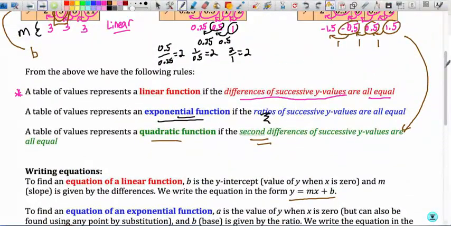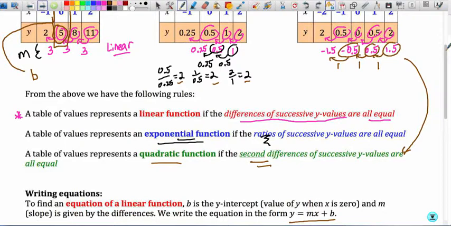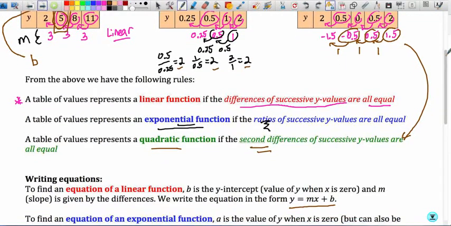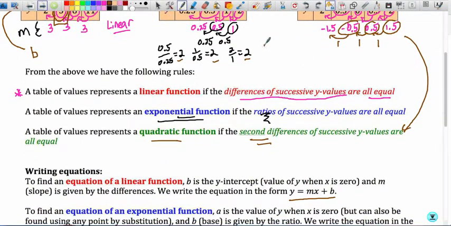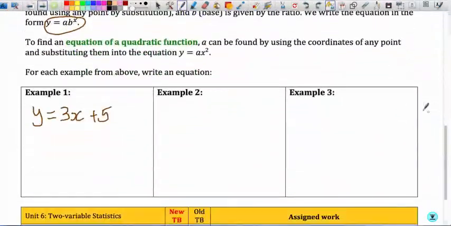And so what you should hopefully remember and realize is that the base of 2 has been revealed by the common ratio. The common ratio is in fact b, and b in the context of exponential is of course the base. In the context of linear it is the y-intercept, but in the context of an exponential function, we have a times b to the power of x.